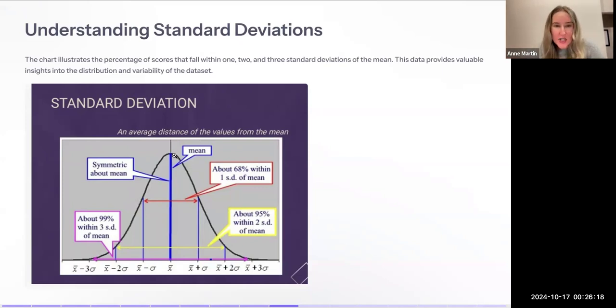If your standard deviation was 20, I don't even know if that's possible, that would mean that 70% of the class might have scored anywhere between 70 and 110. And then 95% of the class would be between a 50 and so on.